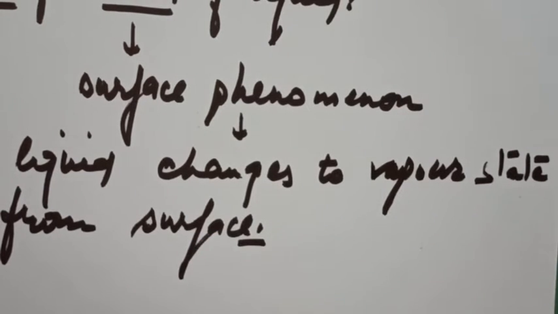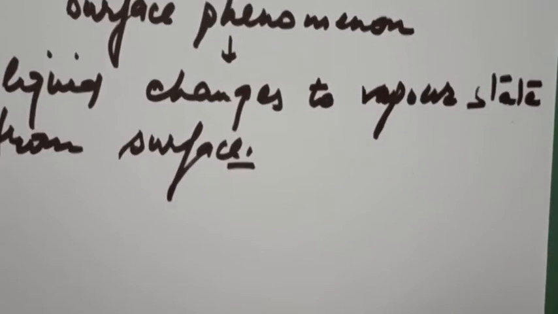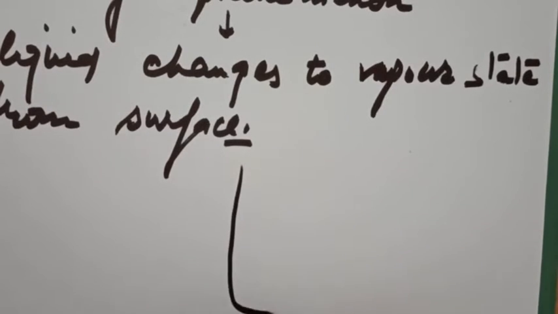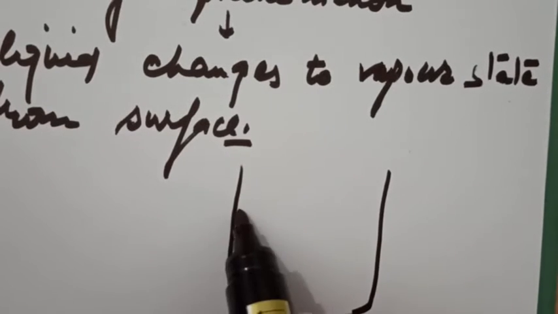Now, what is the cause of evaporation? The motion of molecules and the intermolecular collisions are the main cause of evaporation. Suppose this is a beaker in which a liquid is kept, suppose water.